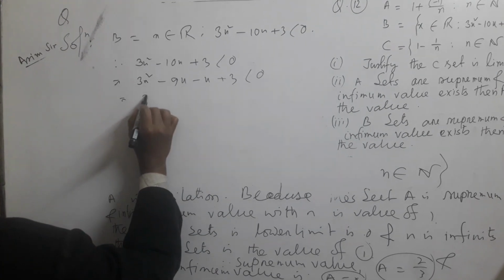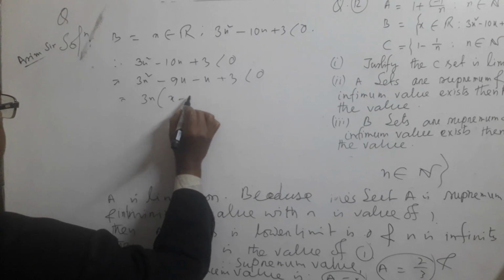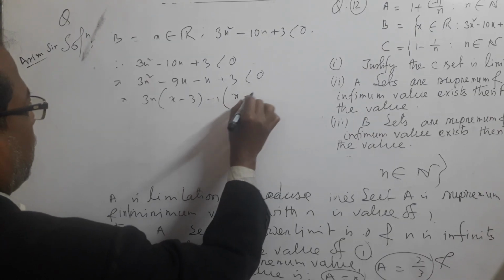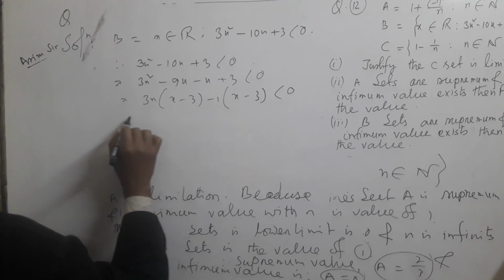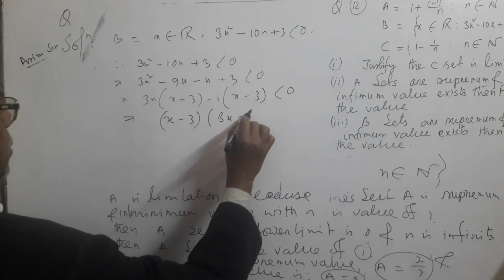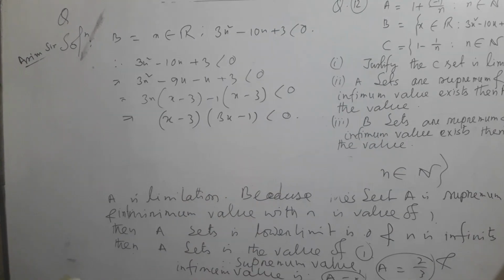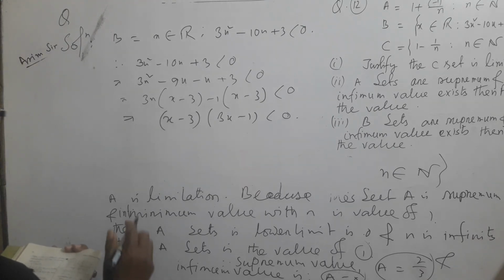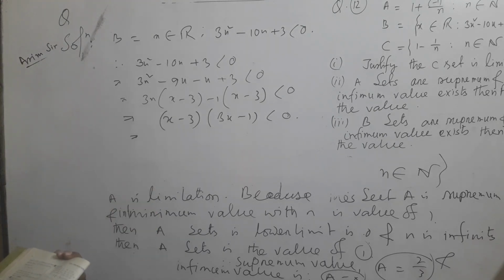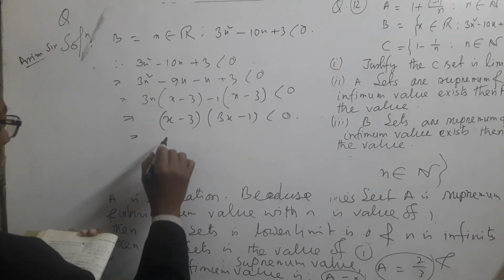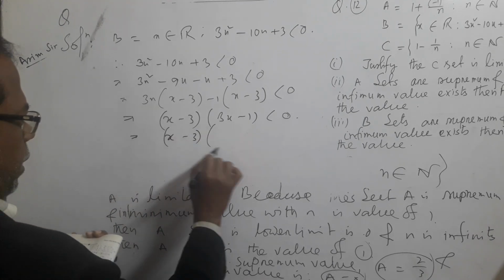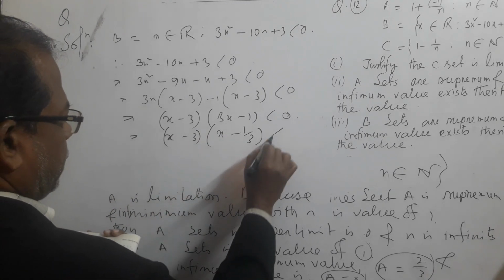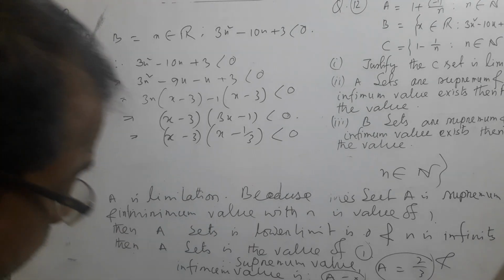So that implies 3x into x minus 3 minus 1 into x minus 3 is less than 0. That's why x minus 3 times 3x minus 1 is less than 0, that is, x minus 3 times x minus 1/3 is less than 0.